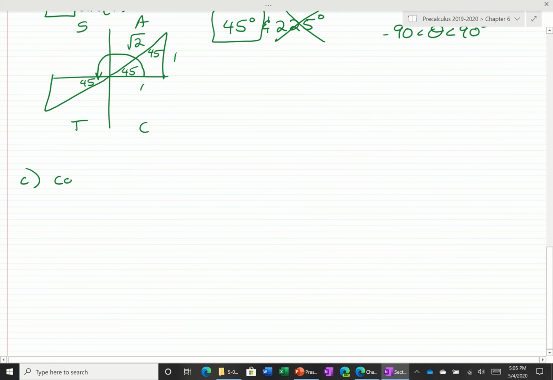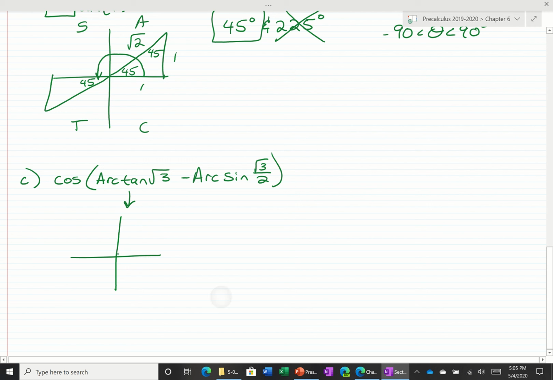What about the cosine of the arc tangent of root 3 minus the arc sine of root 3 over 2? Okay. Well, this is asking you, when is tangent root 3? Well, I know that that comes from a 30, 60, 90 triangle.